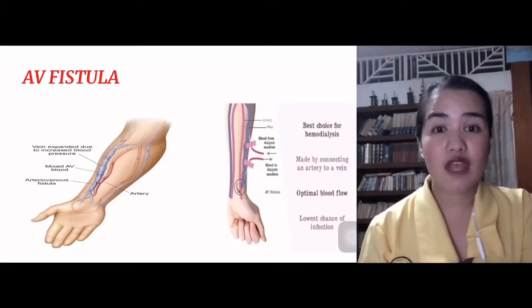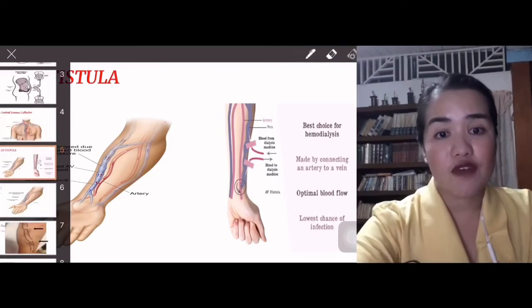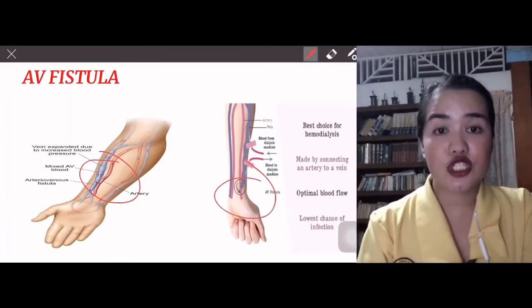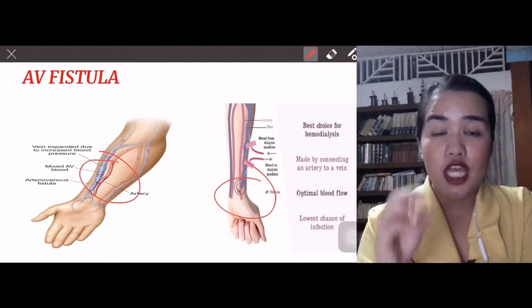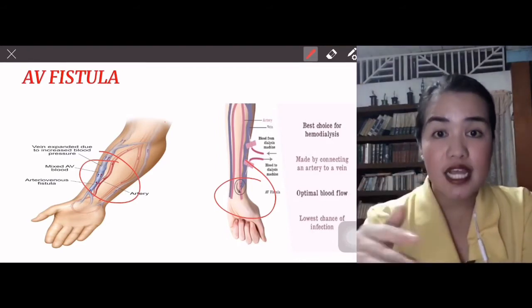We also have the AV fistula. This is the most preferred site, or the standard, in hemodialysis. A surgical connection is made between the artery and the vein, and this connection results in increased blood flow rate in the vein, which enlarges and strengthens the vein.